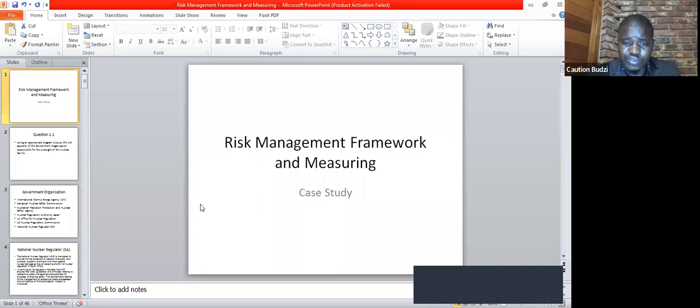So we are going to do our case study on risk management framework and measuring. The case study of the Fukushima disaster.